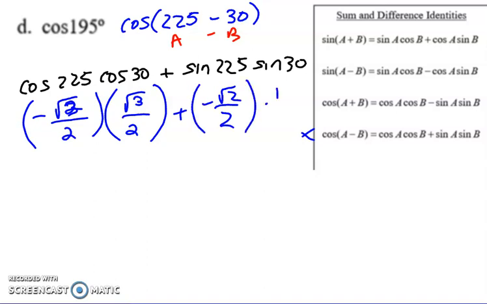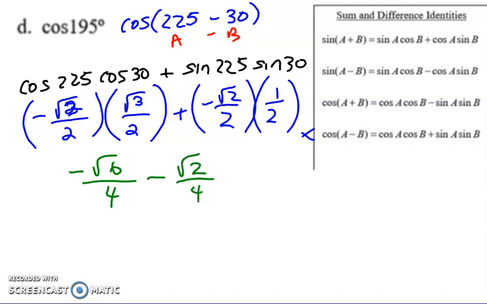And the sine of 30, 1/2. So we multiply those out. We get negative square root of 6 over 4 minus square root of 2 over 4. So again, writing our answer as one quotient: negative square root of 6 minus the square root of 2 all over 4.